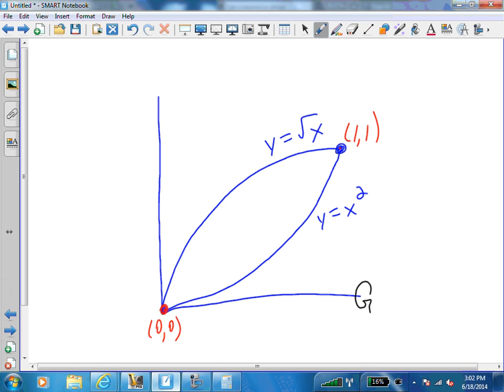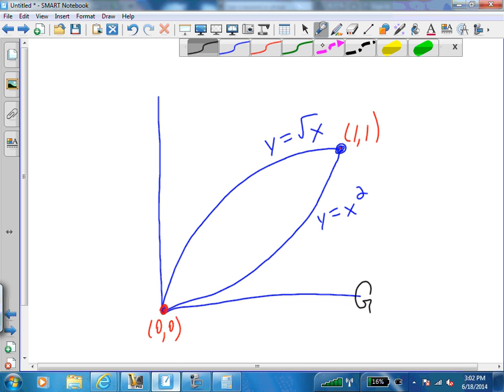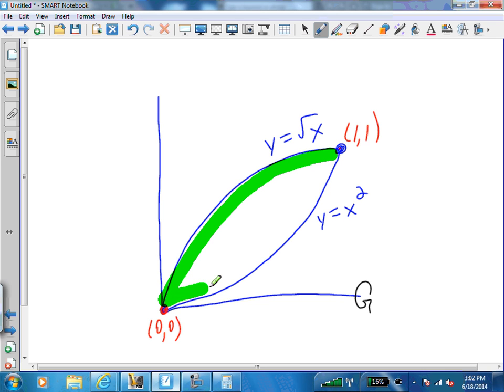So this y value is given by x squared. This y value is 0. So big R and little r.